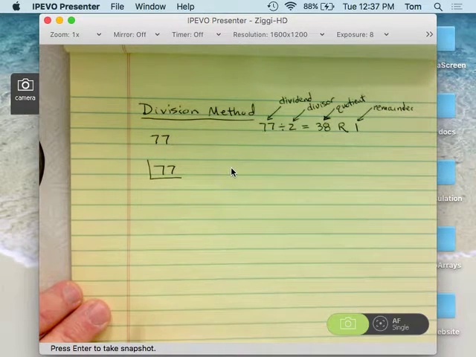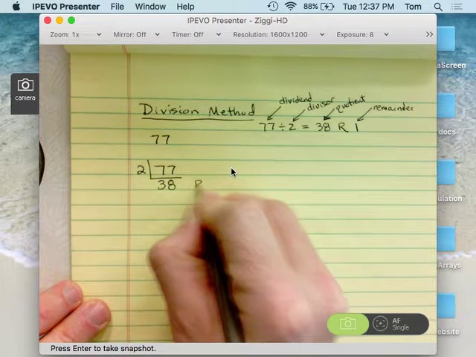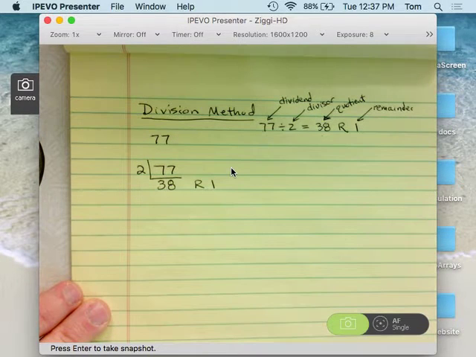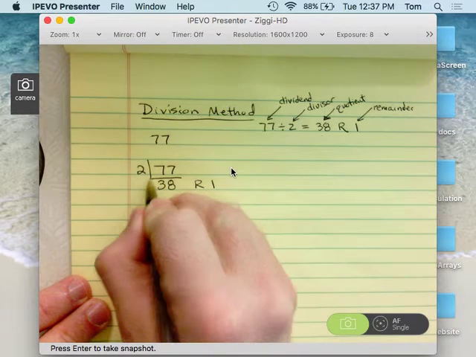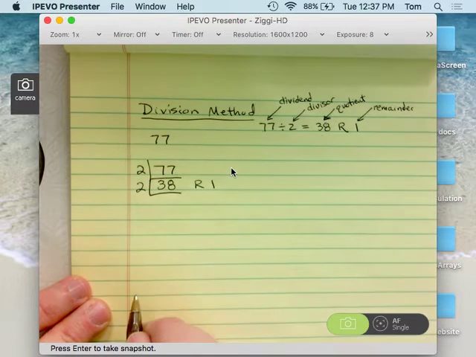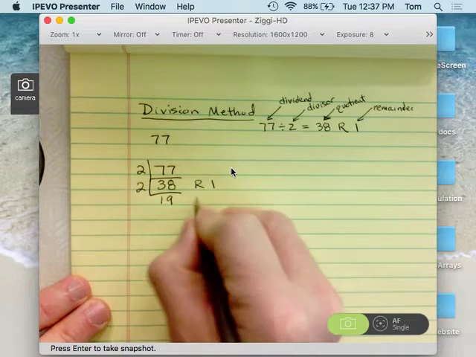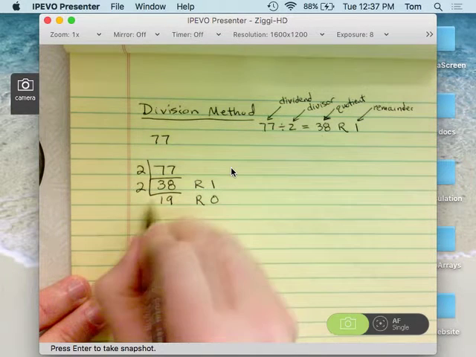We're going to divide 77 by 2, and that gives me 38 remainder 1. Now the reason I'm flipping it upside down is because I'm going to keep doing that division process. I'm going to divide 38 by 2. 38 divided by 2 gives me 19 remainder 0.